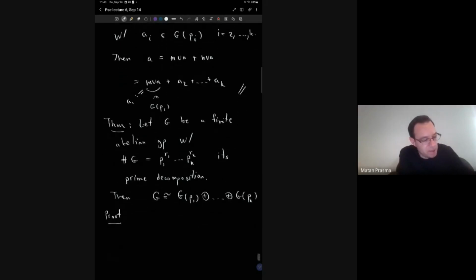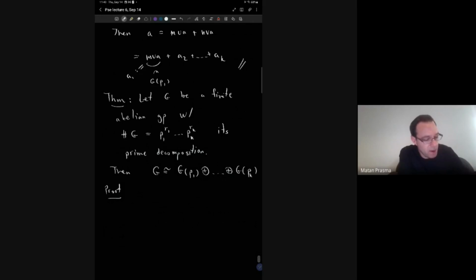Just before we get into the proof of this theorem, observe that each of these components of the direct sum is a subgroup of G. So we have a funny case in which a big object G is isomorphic to the Cartesian product of some of its sub-objects.